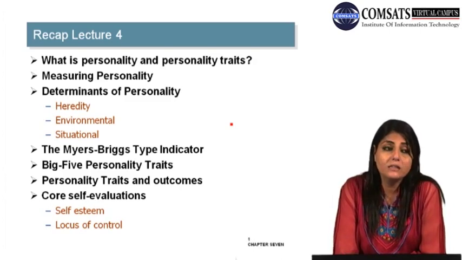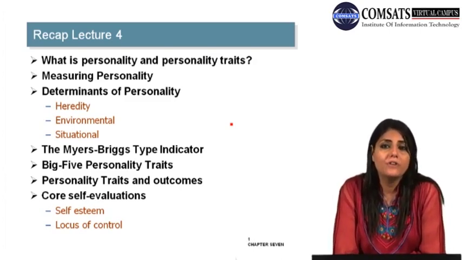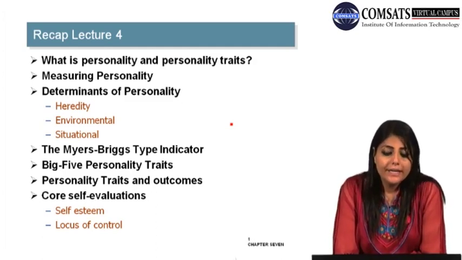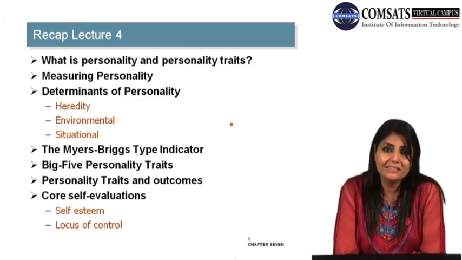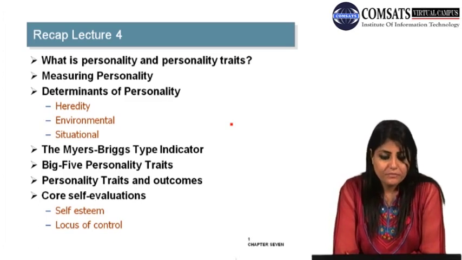So we are discussing the employee attitudes, employee behaviors, consequences of those behaviors at all these different levels within the organization. Right. Then in our fourth lecture, we discussed the personality and the personality traits, and what are the influences of the personality traits on employees' behaviors.